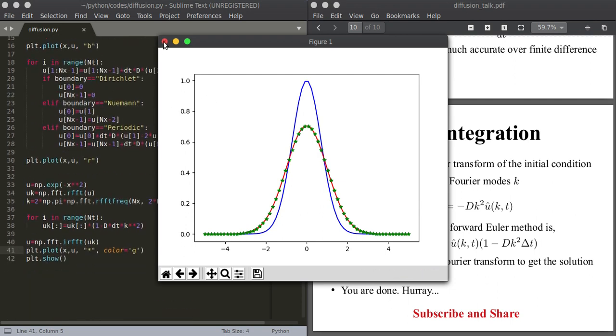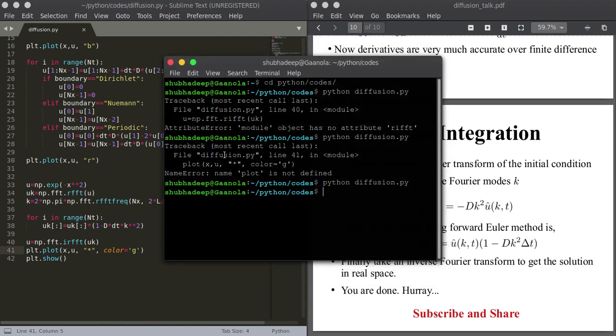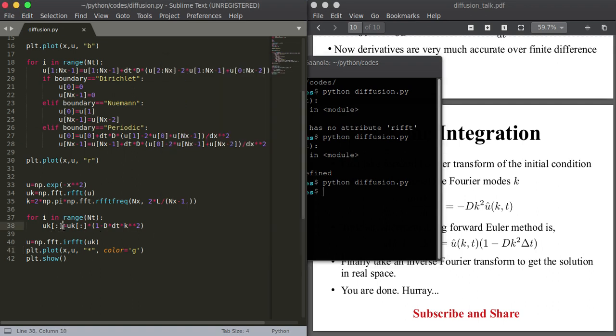If I want to implement it with something other than Euler, instead of Euler I can use the RK2 method, let's say. For that case you can write it like this: uk mid is equal to this, after dt by 2 times this.